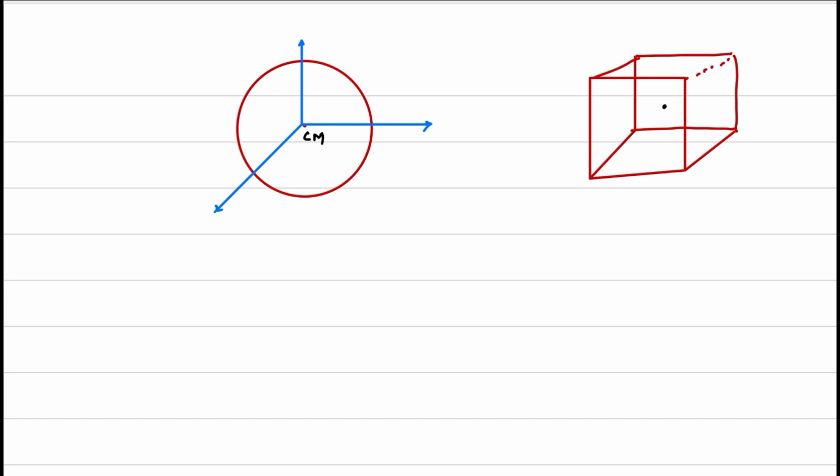Let this be the center of mass here in the cube. Both of these are examples of spherical top.